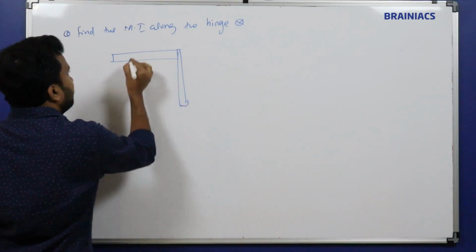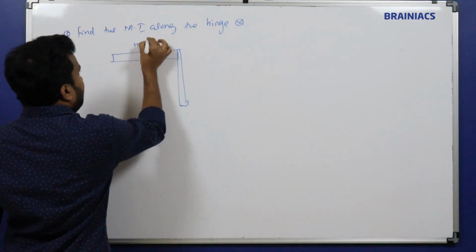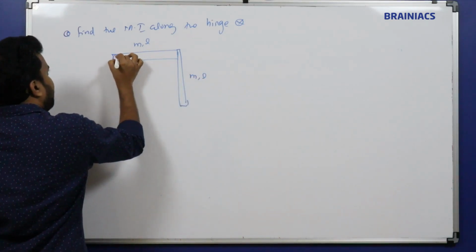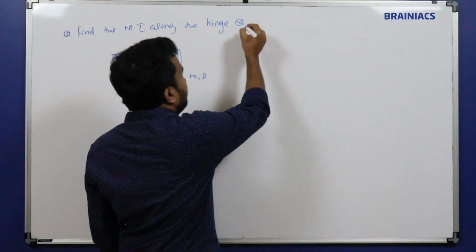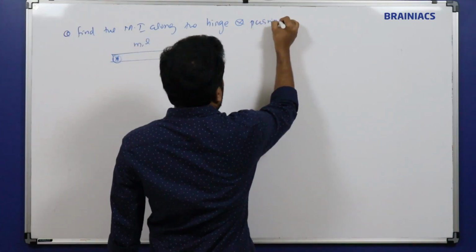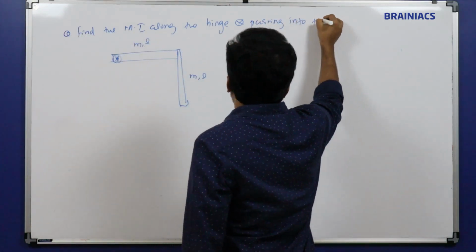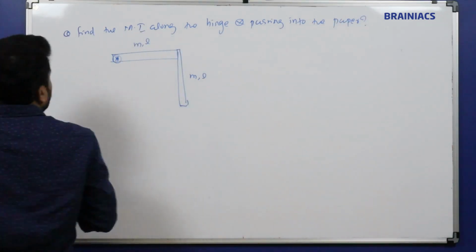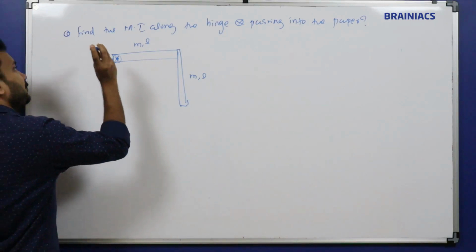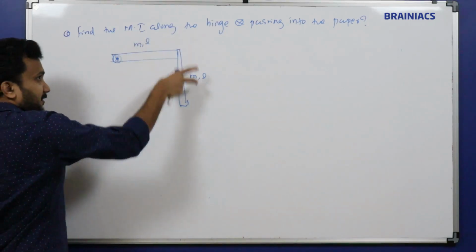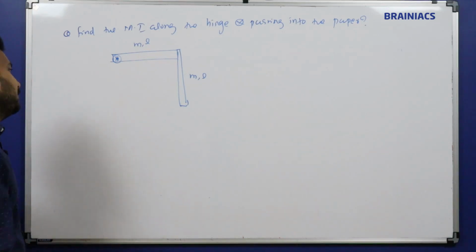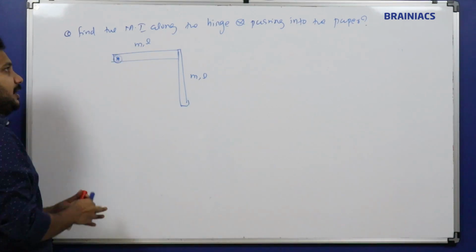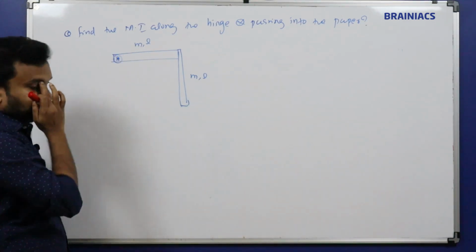Two rods are connected, each with mass m and length L. The axis along the hinge passes into the paper. In my case it is into the board. So we want to find the moment of inertia of this L-shaped structure, with the axis passing into the board.